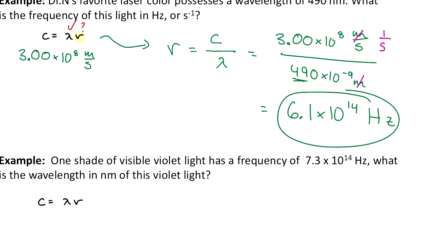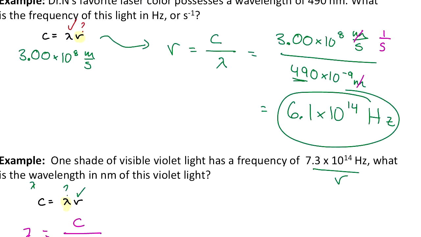Let's do one more here. So one shade of visible violet light has this frequency. What is its wavelength? So we're just kind of working backwards here. I give you frequency. I want you to calculate wavelength. So we're given this, calculate that. I'm going to rearrange this equation so we're calculating for wavelength.